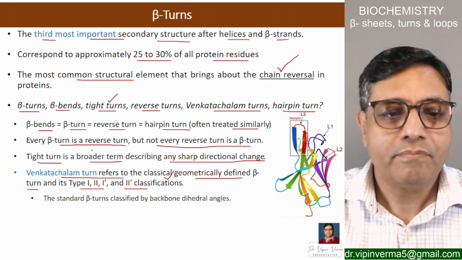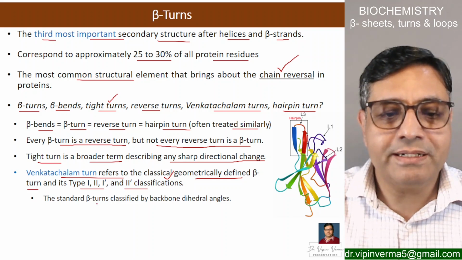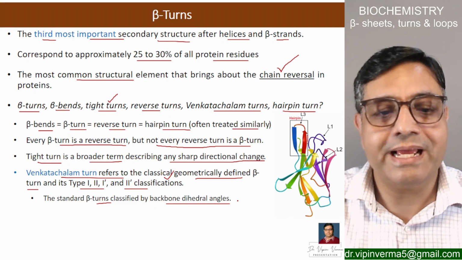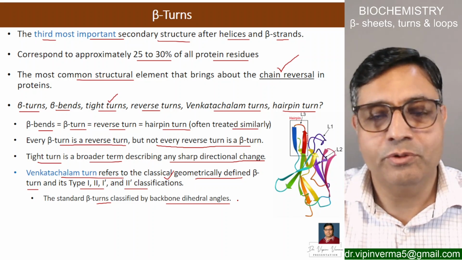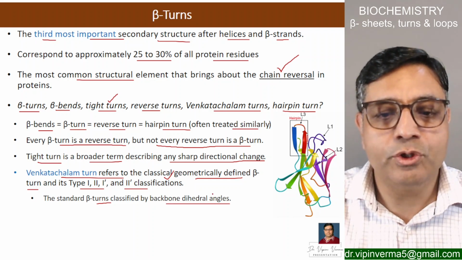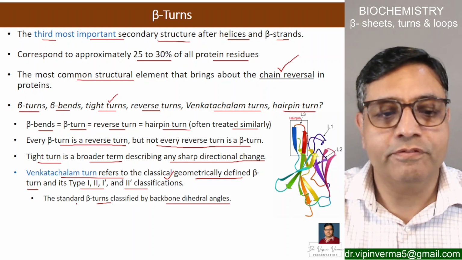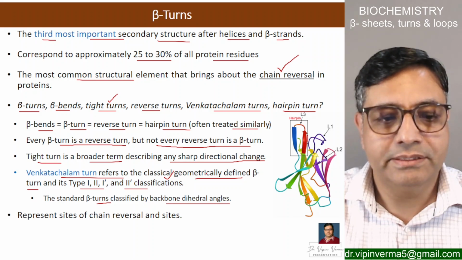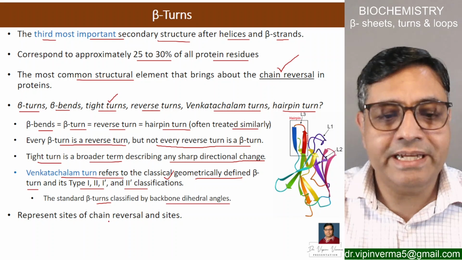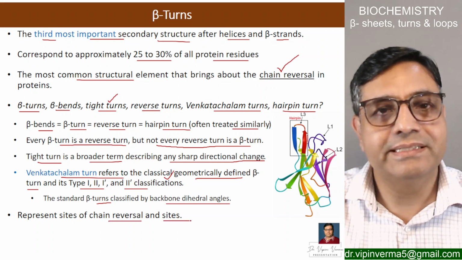The standard beta turns are classified by the backbone dihedral angles. So the dihedral angles phi and psi are used for the classification of the standard beta turns, and these represent the sites of chain reversals and important sites.